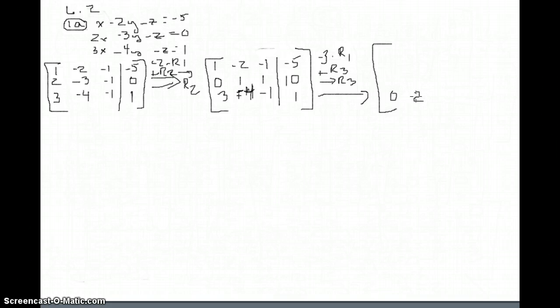And you have to be careful on all these calculations because there's so much of it, and one little error messes everything up. So -3 times -1 is going to be 3, plus -1 is 2. -3 times -5 is 15, plus 1 is 16.